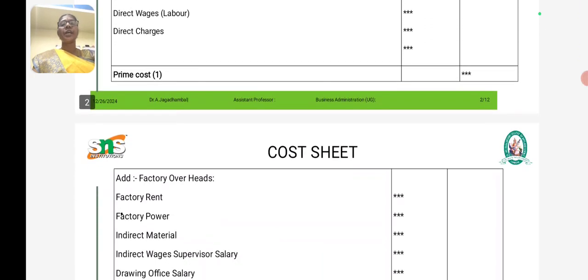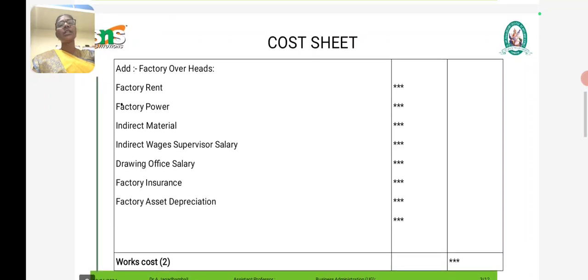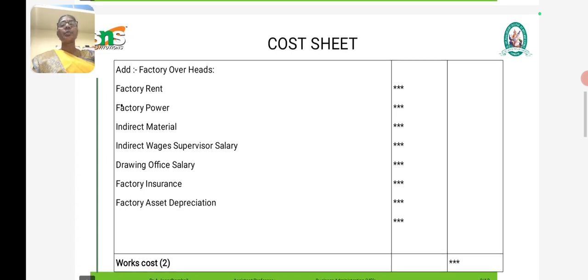After that we add the factory overheads. What are the factory overheads? Factory rent, that is the rent of the particular factory; factory power, that is the electricity used in the production factory; then indirect material.